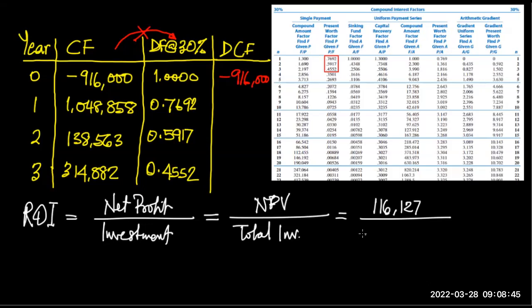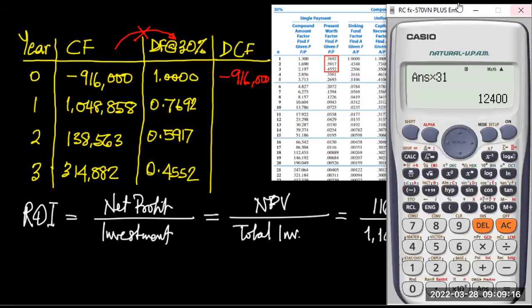Remember, our total investment was the 900,000 spent in the initial year 0, and the extra 100-something thousand spent in the second year. So that was 1.1 million. But because it's a rate, we just have to multiply it by 100%. I've done that already in Excel, but let's use a calculator to confirm.